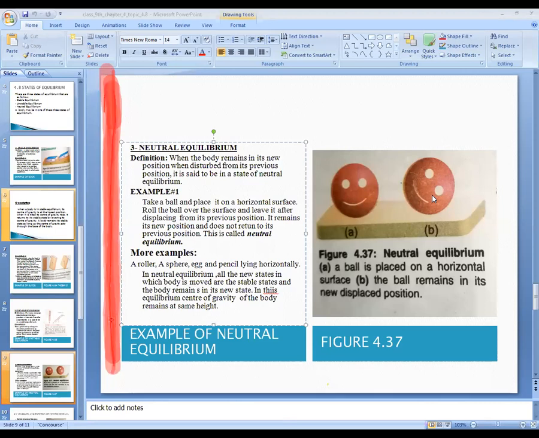The body will be in neutral equilibrium, but at a new position. All the new states in which the body is moved are stable states, and the body remains in its new states. In this equilibrium, the center of gravity of the body remains at the same height.